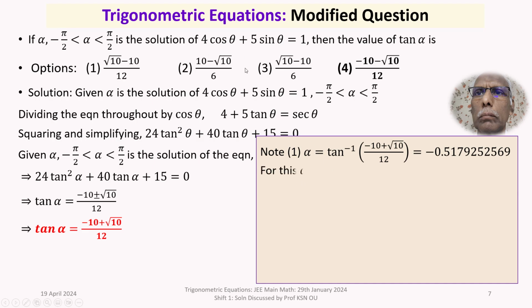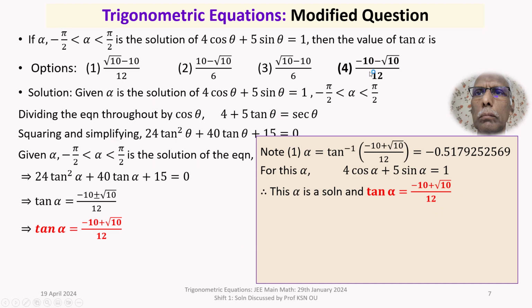For this alpha, 4 cos alpha plus 5 sin alpha comes out to be 1. Therefore, alpha is a solution, and thereby tan alpha is this answer. So that's our correct answer.